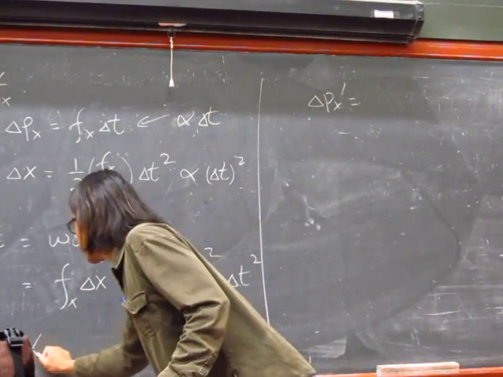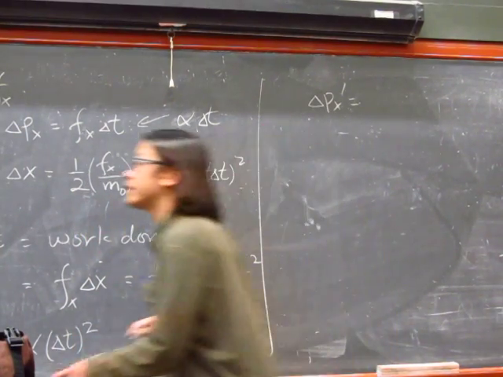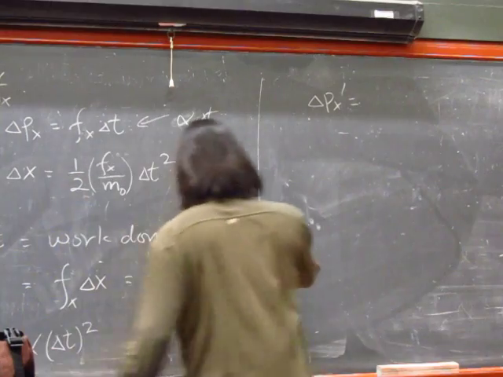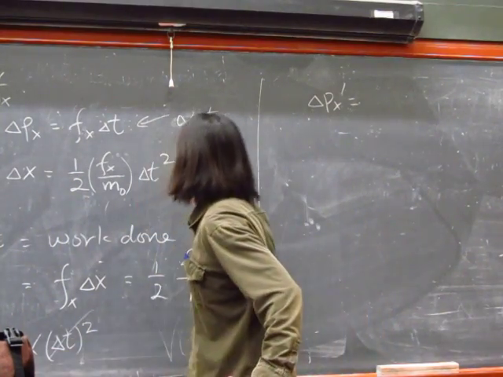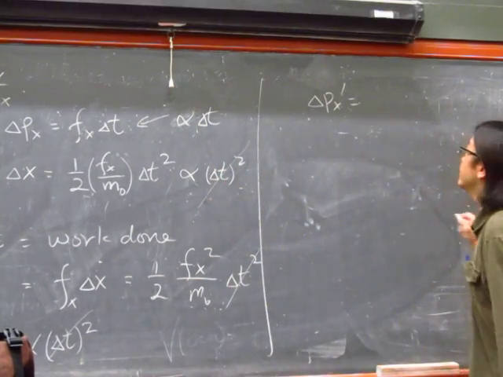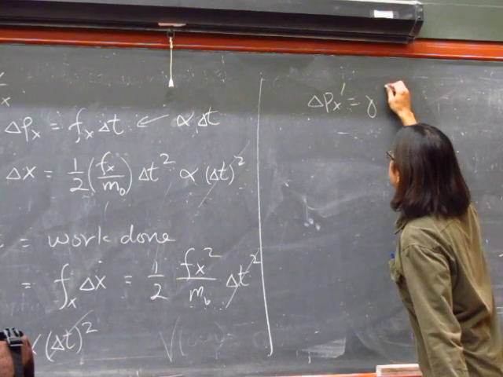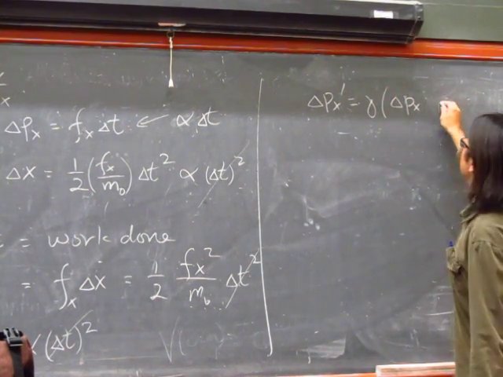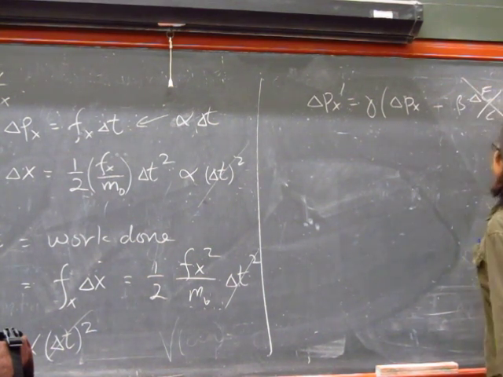The energy change is also proportional to delta t squared. Since I'm taking the derivative in the limit as delta t goes to 0, I can drop all the terms that are higher order than delta t. So everything that has a delta t squared, I'm going to drop. So delta px prime becomes gamma times delta px, because this part here I'm going to drop.